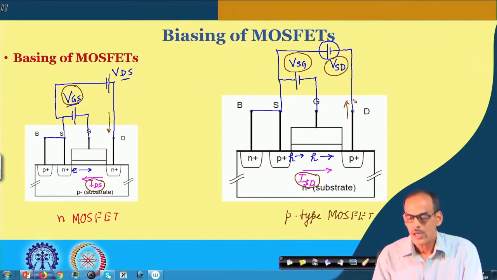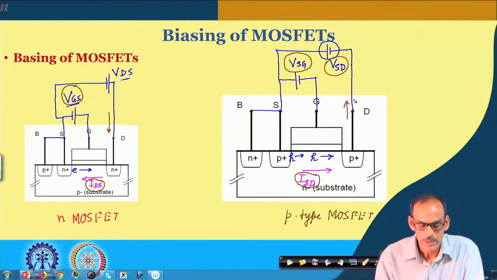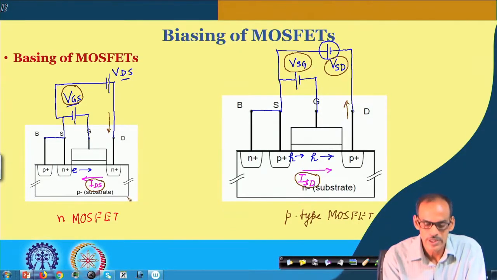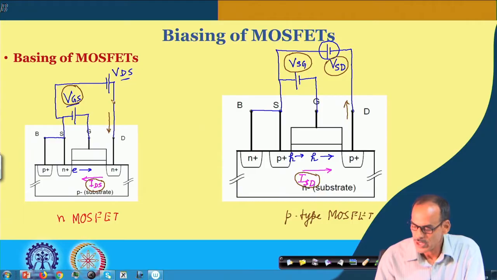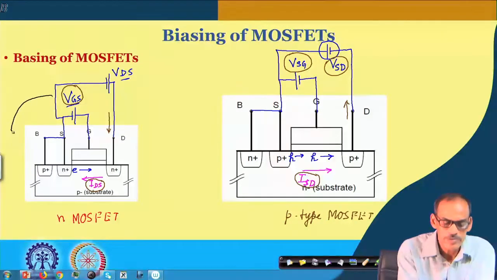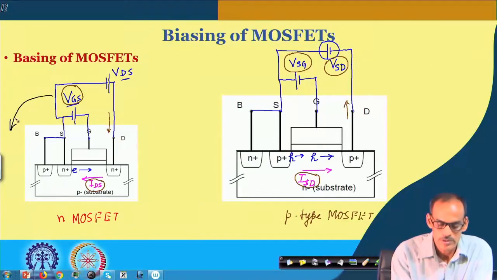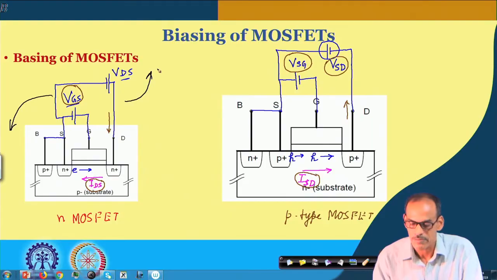Okay. Now, since the current flow as well as the polarity are different, for our convenience, it is better to keep the device orientation such that the higher potential terminal goes on the upper side and the lower side has the lower potential. Namely, this side will be pulled towards ground, and this may be pulled towards the positive supply.